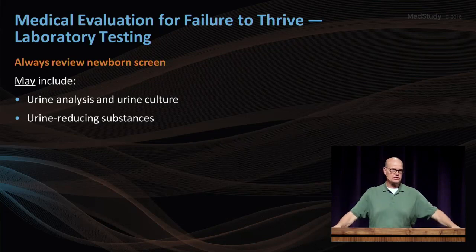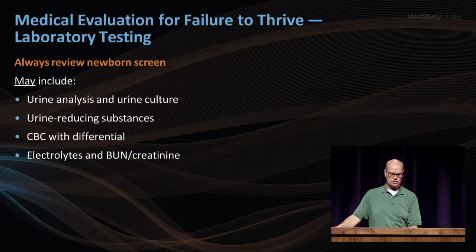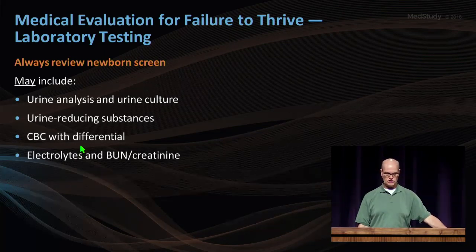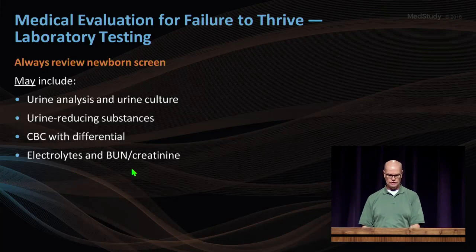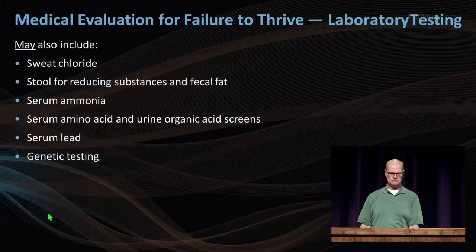And all of these labs make sense, but it's going to depend upon the scenario that you're presented. So perhaps a urinalysis and culture or a urine for reducing substances, evidence of ongoing infection, electrolyte disorders, chronic renal disease, liver disease, evidence of malnutrition, evidence of hypo or hyperthyroidism.